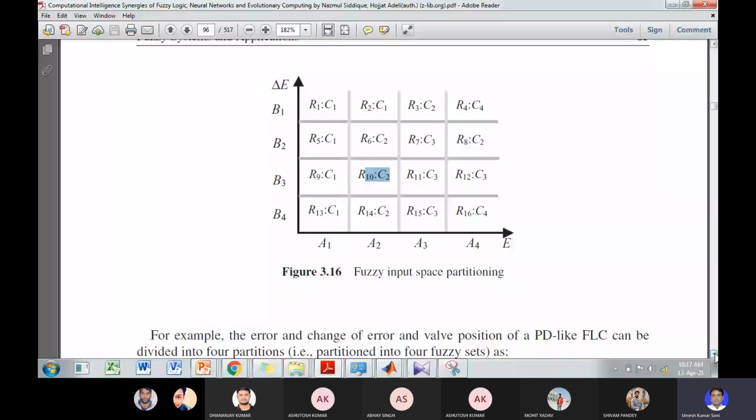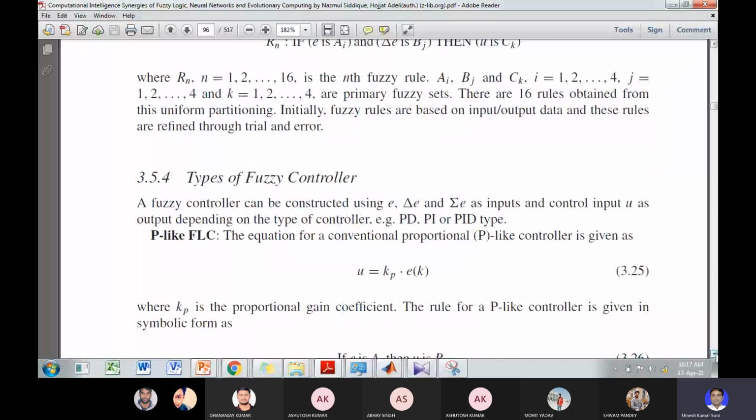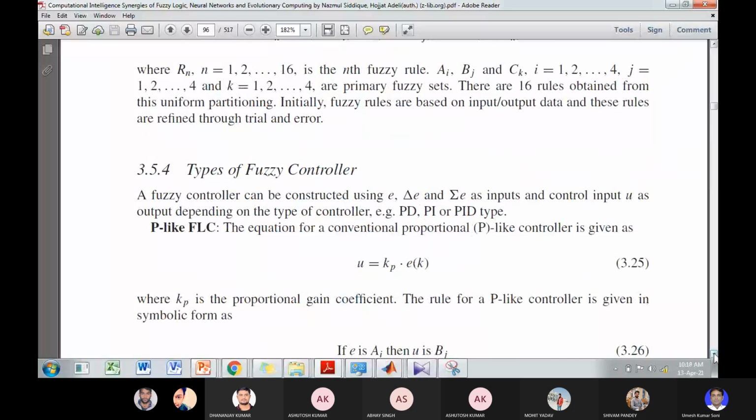There are different types of fuzzy controllers that replicate conventional controllers, such as P-like fuzzy controllers, I-like fuzzy controllers, D-like fuzzy controllers, PI-like, PD-like, and PID-like.